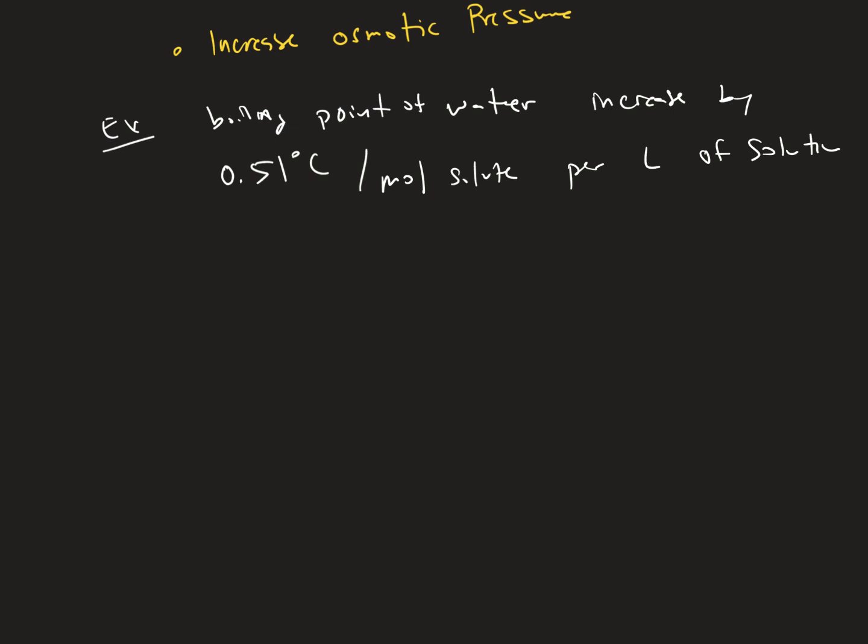So basically, this is saying 0.51 degrees Celsius per osmolarity. That value would be given to you if you were going to do a problem like this. So we need to find the new boiling point if we have 8.56 grams of lithium chloride dissolved in 75 milliliters of our solution.